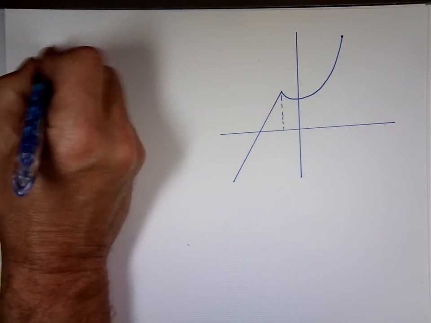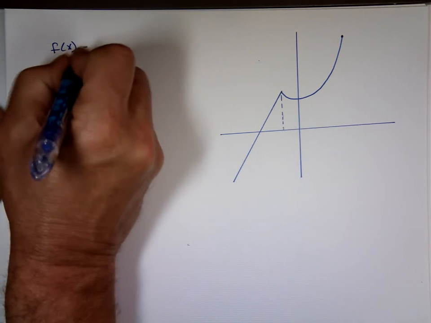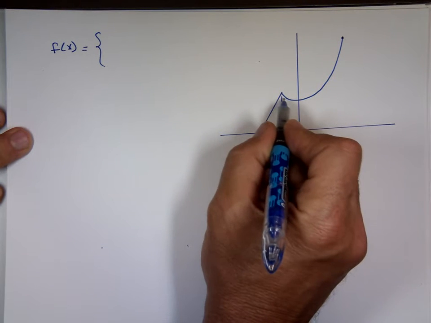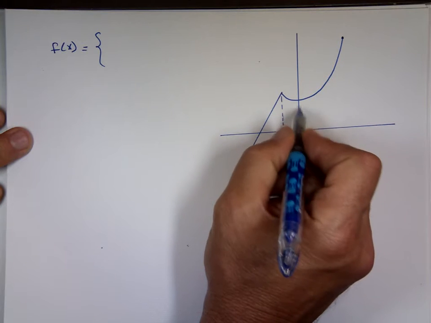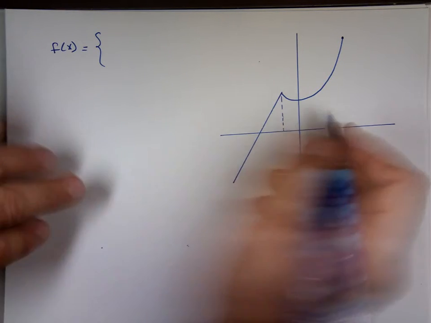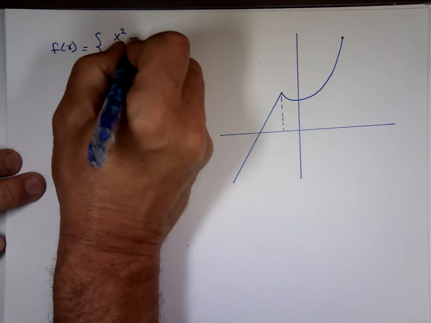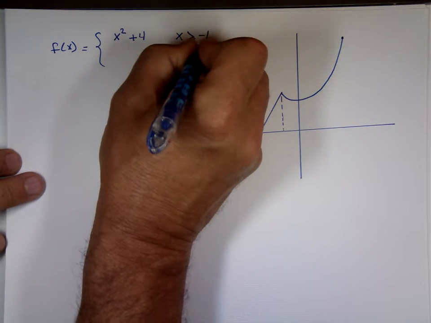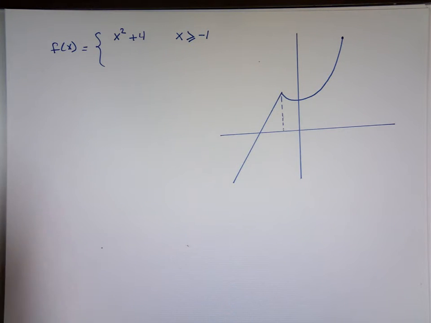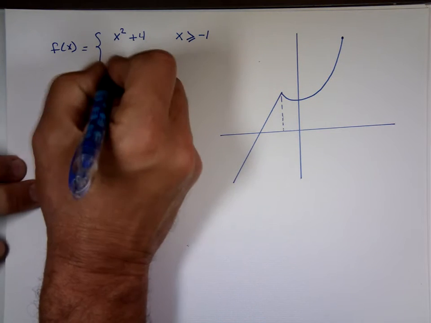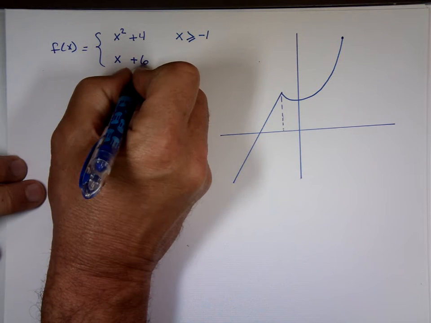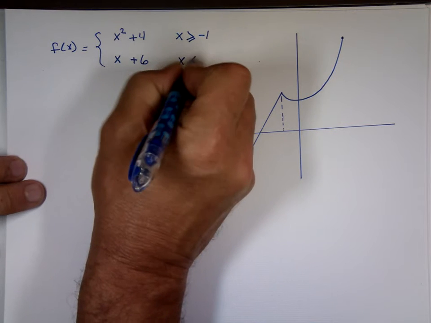I can say f of x equals x squared plus 4 for x greater than or equal to negative 1, and x plus 6 for x less than negative 1.